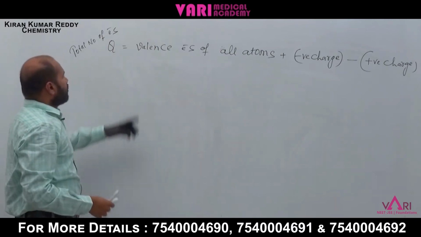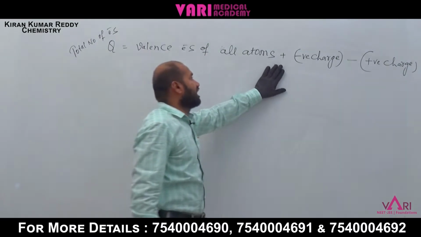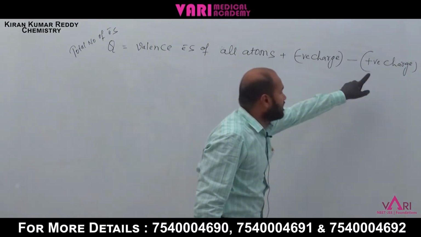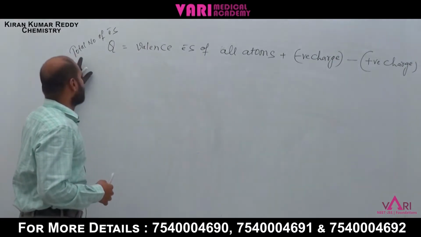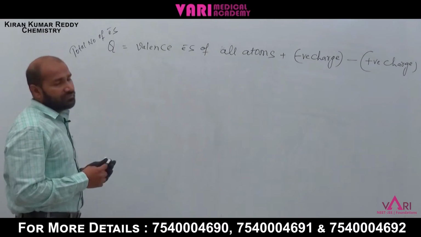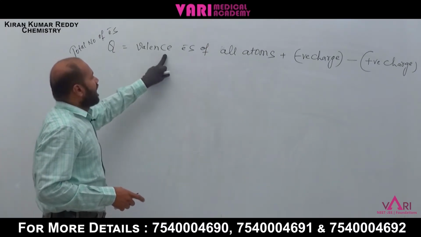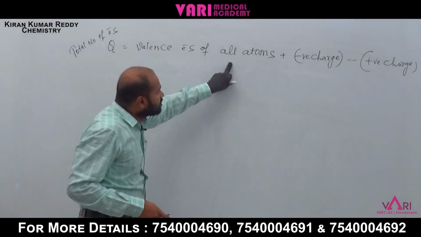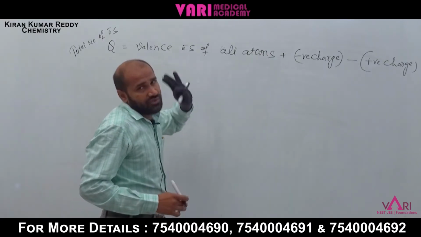Write down valence electrons of all atoms plus negative charge. If negative charge, add; positive charge, subtract. Please remember this one. Q is equal to total number of electrons, which is equal to valence electrons or outermost electrons of all atoms plus negative charge minus positive charge.